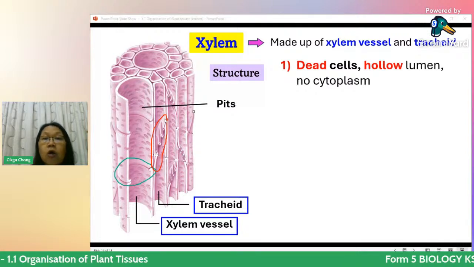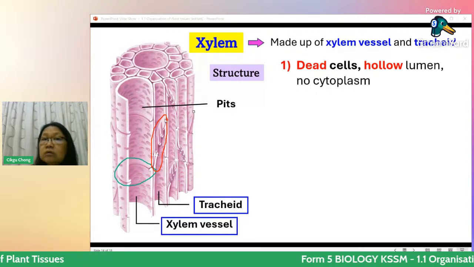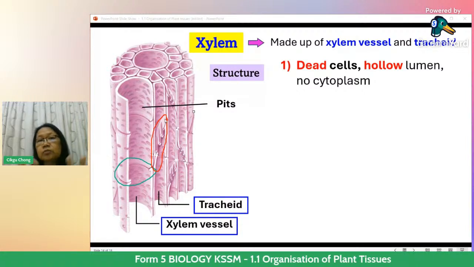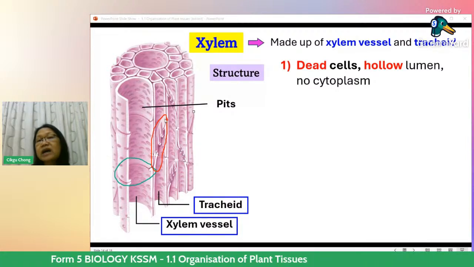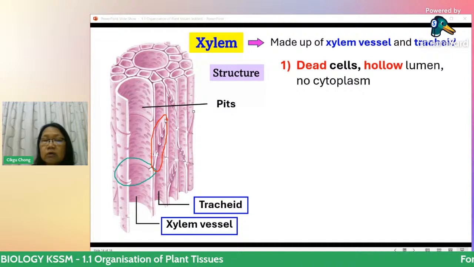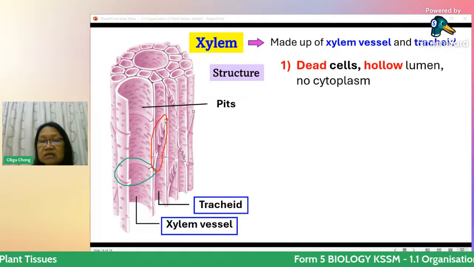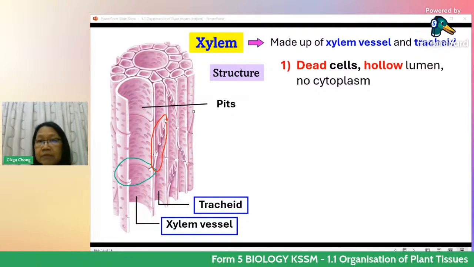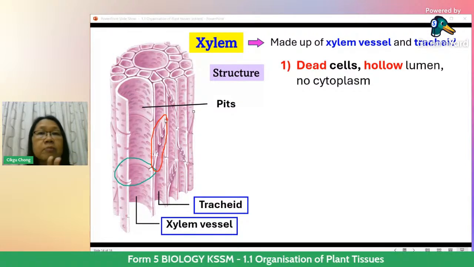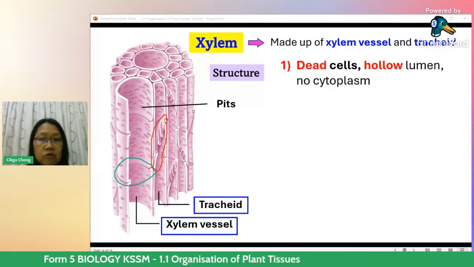It becomes like a hollow tube, so you have a hollow lumen. The lumen is the middle part here, with no cytoplasm. This is no problem because you need this kind of empty structure so that water can be passed on efficiently. Water can move up easily because there's nothing to obstruct or block the flow of water.